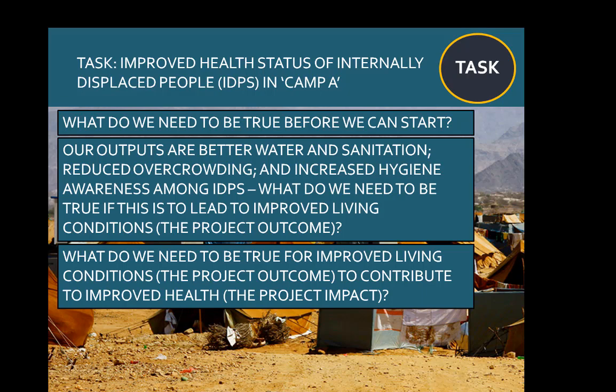Now we have our outputs: better water and sanitation, reduced overcrowding, increased awareness. What needs to be true for those to bring us to the outcome? Improved living conditions. And what needs to be true for improved living conditions, our project outcome, to contribute to improved health? The impact. Pause, and give this your very, very best shot. I'll talk to you in just a moment.